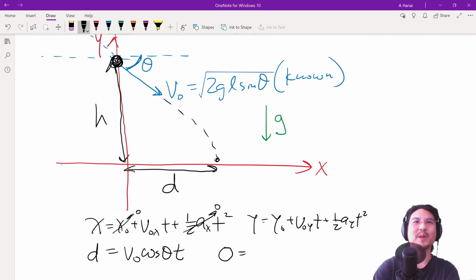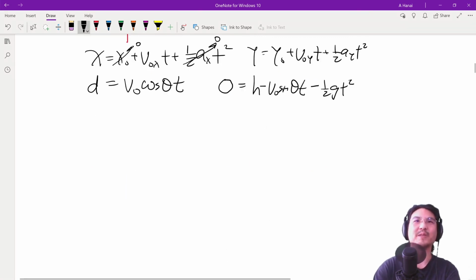Initial is starting up here at h. And then what's the y component of this velocity? It's actually negative, so negative v0 sine theta. And then ay is negative g. Okay, so then I have these two equations.